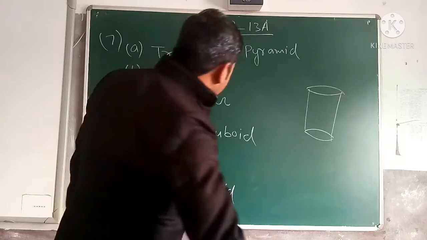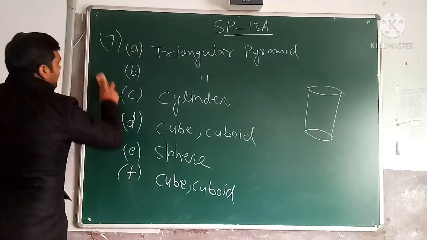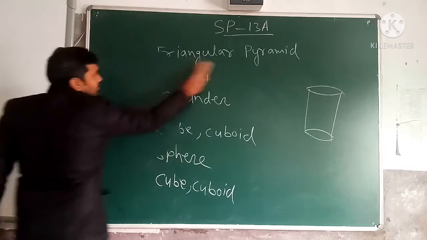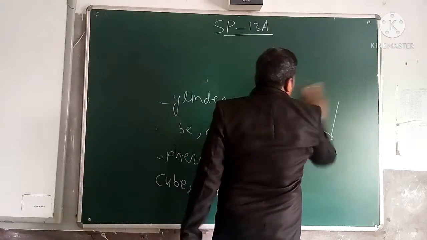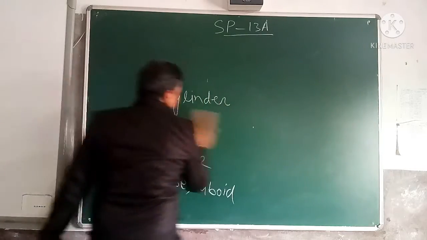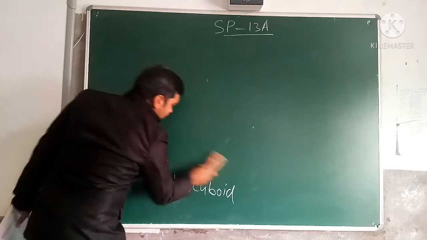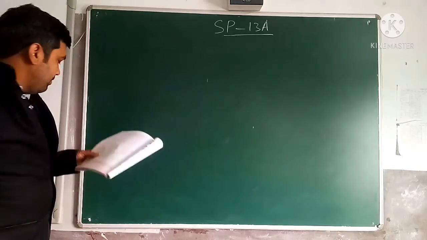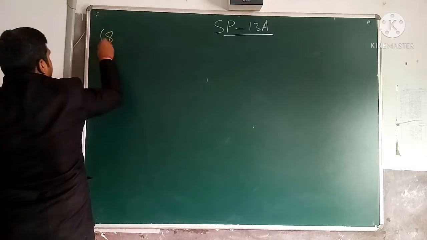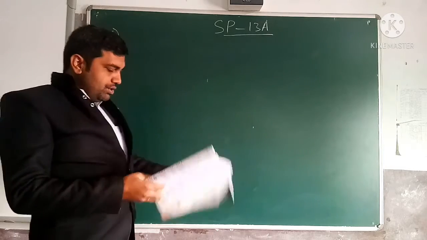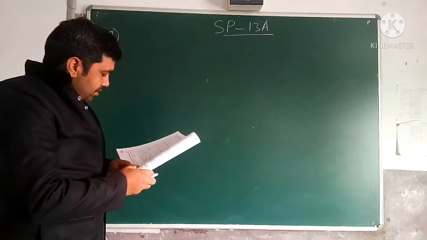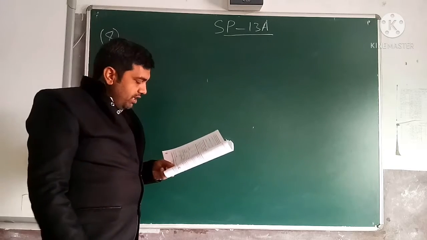Now we move to the next question, number 8. Which of these solids has the maximum number of vertices? Cone, cylinder, cuboid, pyramid.